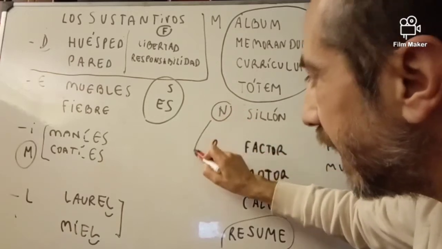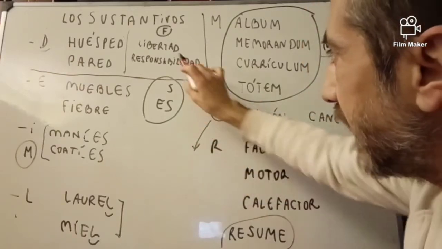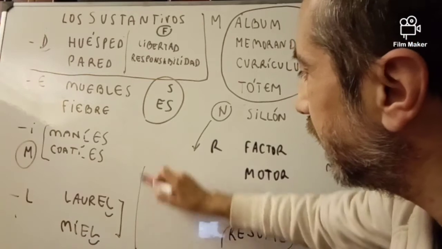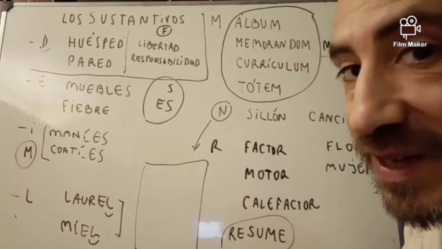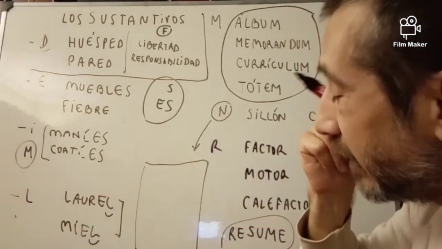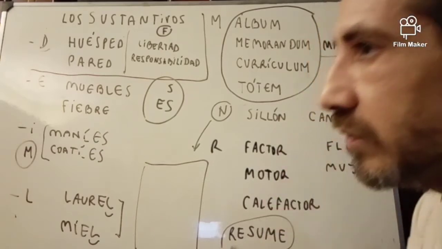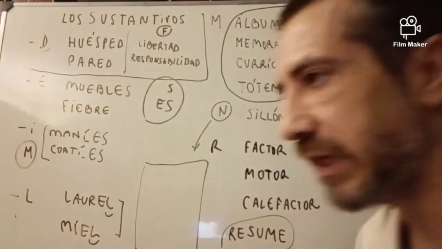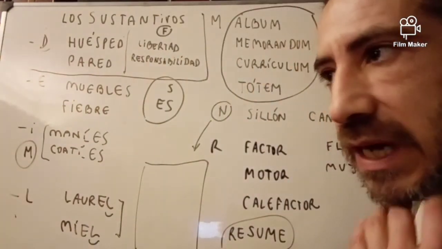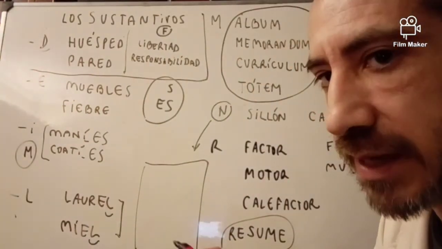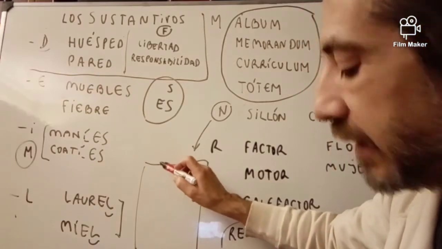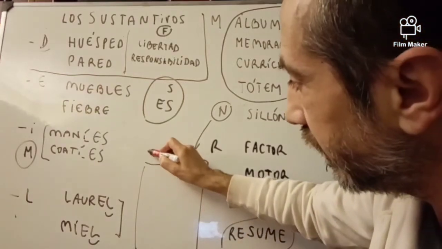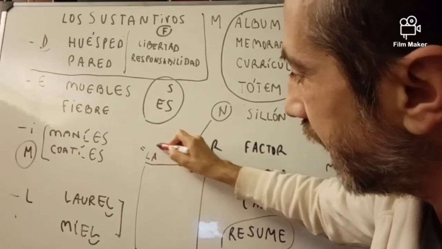And here we had another subgroup that, like in this case, is feminine. And they are abstract nouns too, and they are very similar to English, but the difference is that as we have different articles according to gender and number, the gender with the article will always be la.